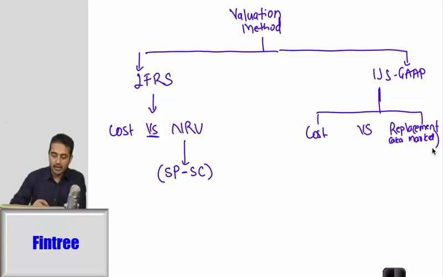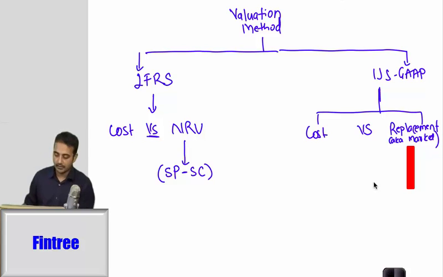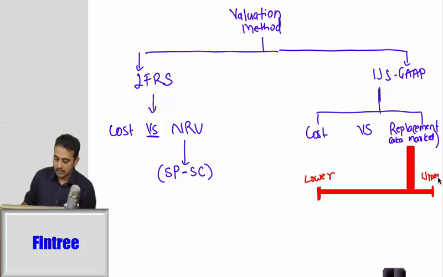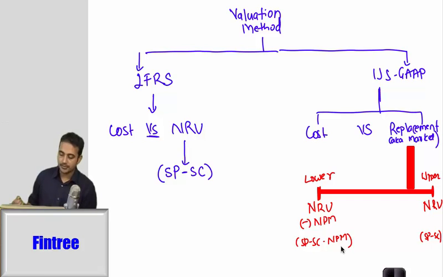Now we put a condition on this market value. We said that this market value has to be in a logical price band. So there was an upper band and there was a lower band. So let us say this is the lower band, this is the upper band here. The upper band was net realizable value and the lower band was NRV minus normal profit margin. Now how did we get this NRV? This was again selling price minus selling cost, and then selling price minus selling cost minus normal profit margin.